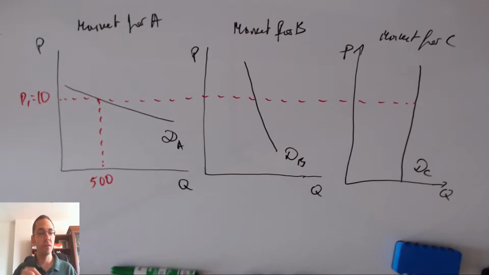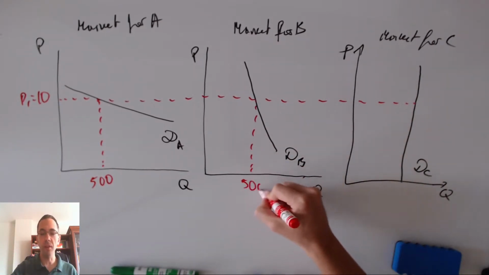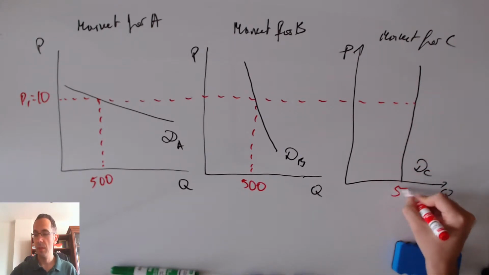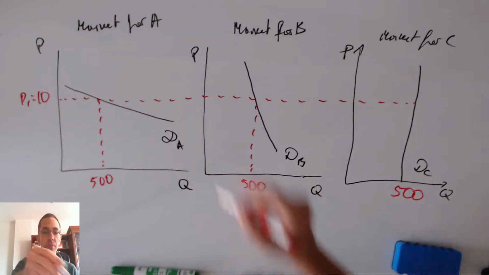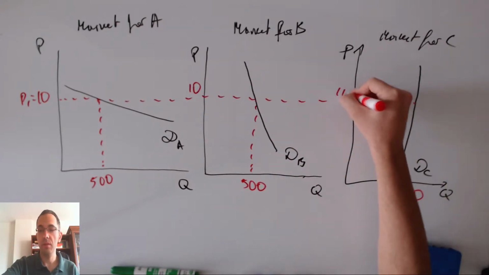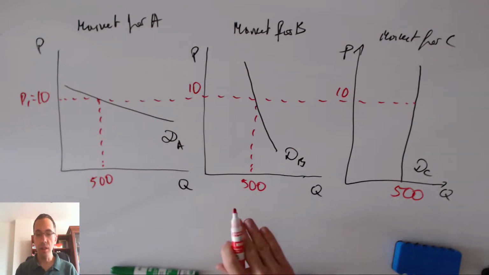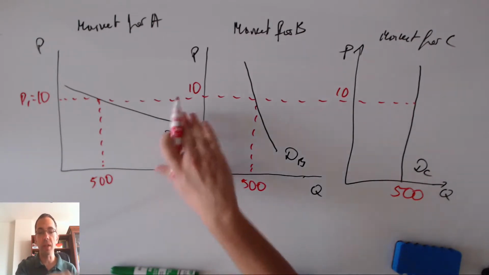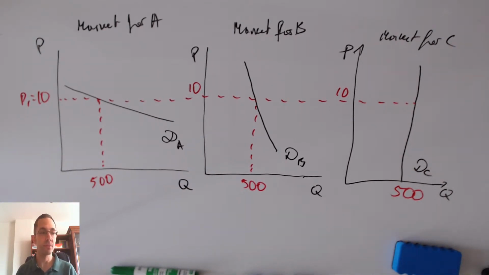This will be our starting units. So three different goods, they have nothing in common but the price and the quantity that they're being demanded at the moment. So each good is being sold at a price of 10. Here we can have $10, or any currency that you're using, and each good at the price of 10, the quantity demanded for that good will be equal to 500.